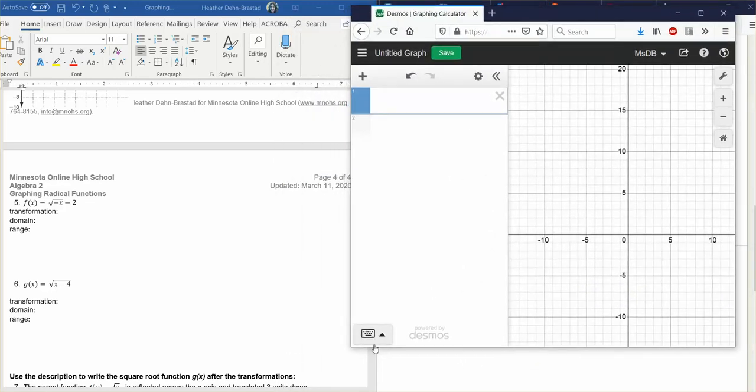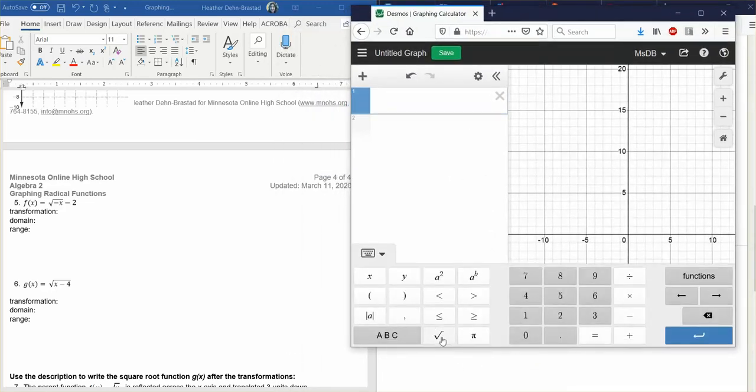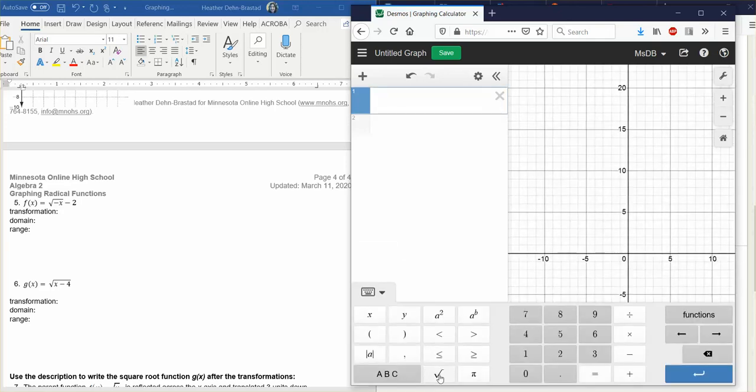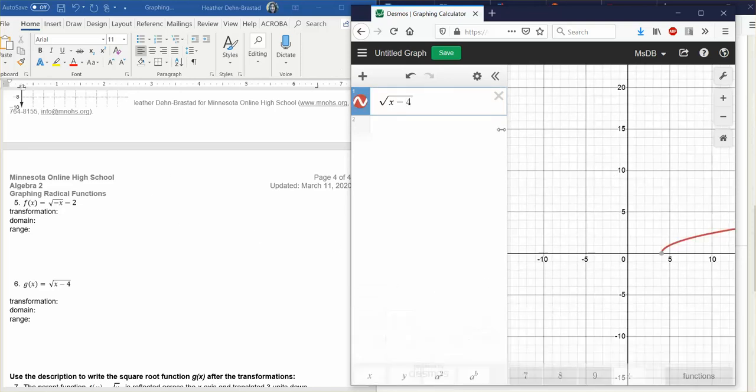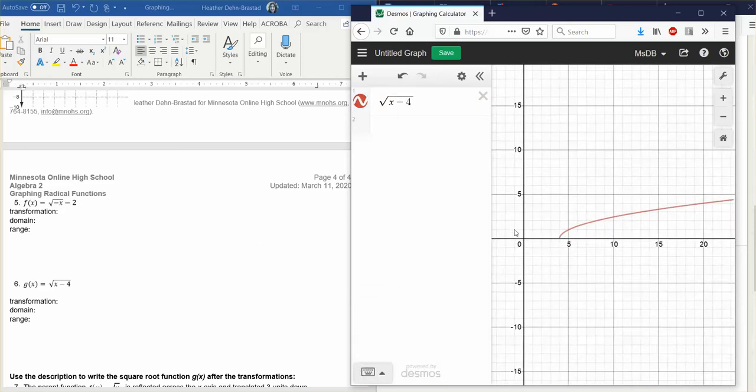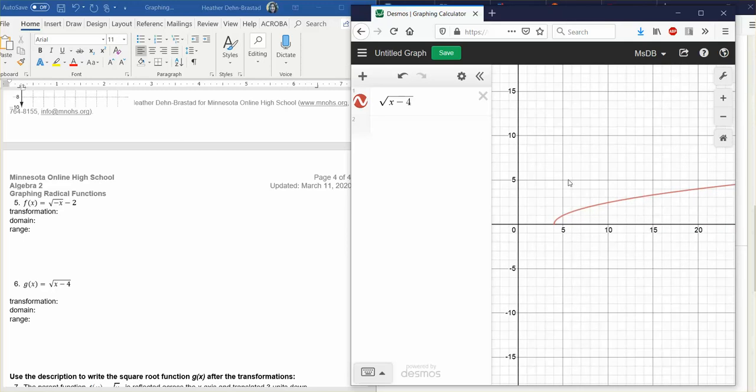Okay, keypad, here's the square root. So you are going to want to do the square root of x minus 4. So here's the graph. Make sure that your view here shows what's going on with your graph so that you can actually see what's happening.